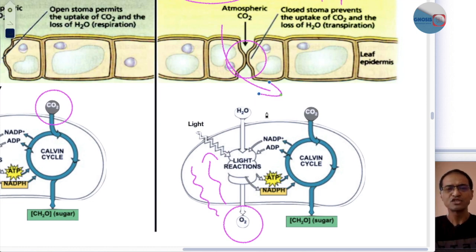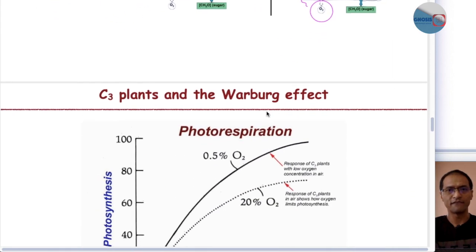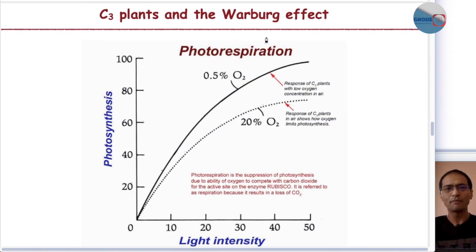So when this situation occurs, the plant then undergoes what we call the Warburg effect. And in the Warburg effect, what happens is when the concentration of oxygen is high and exceeds the concentration which is normally found in the plant, which is around 0.5%, then the photosynthetic efficiency of the C3 plant starts to drop.